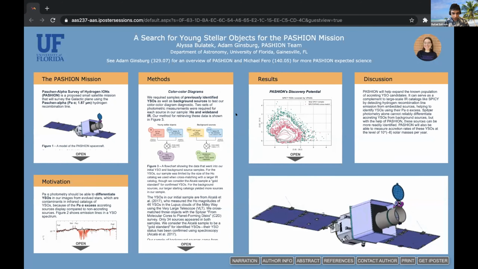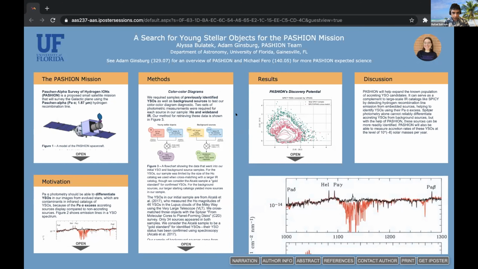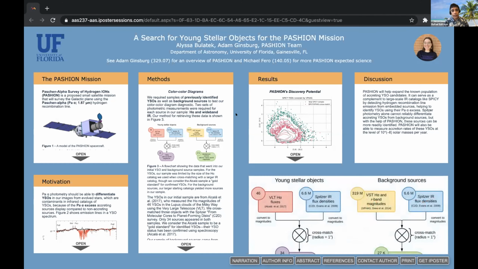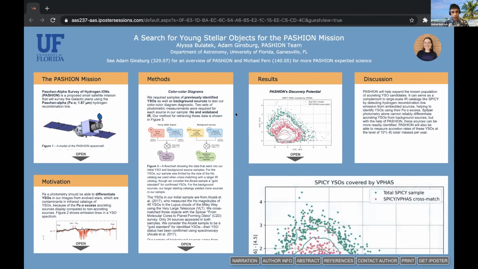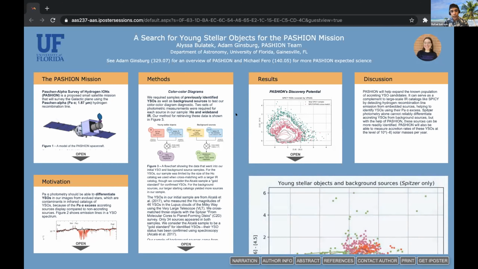We have a couple questions. Mike Kuhn asks, out to what distance in the Milky Way would you expect to be able to detect YSOs with PASHION? And to what extent do you expect nebulosity or crowding to affect detection of YSOs in Paschen alpha in massive star-forming regions? Those are both great questions.